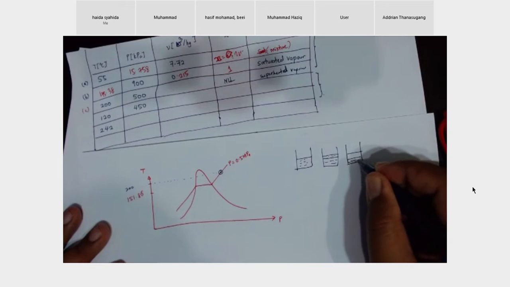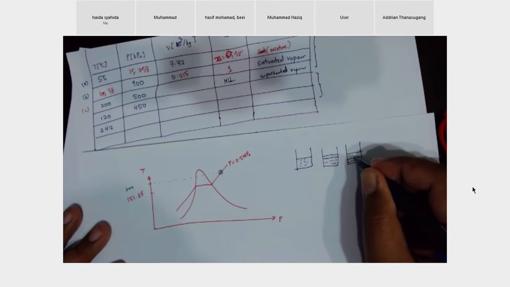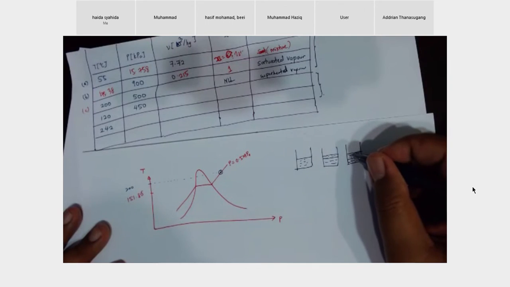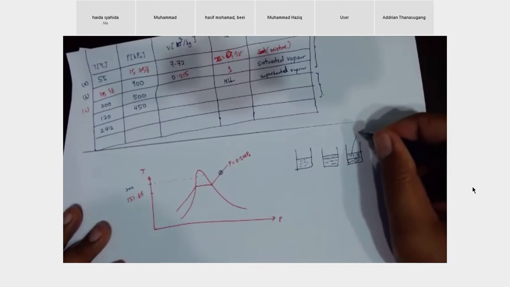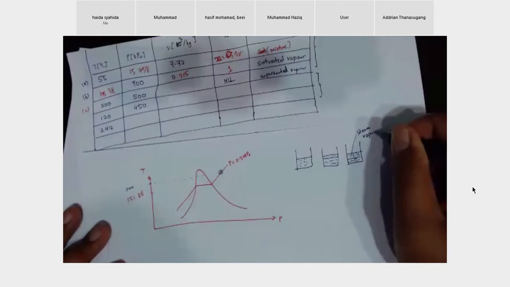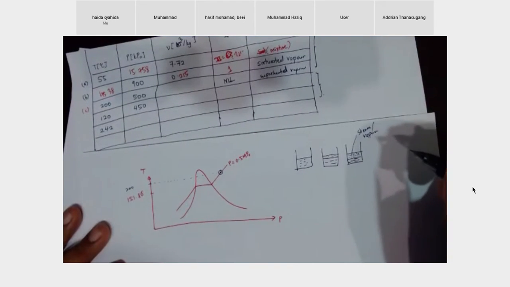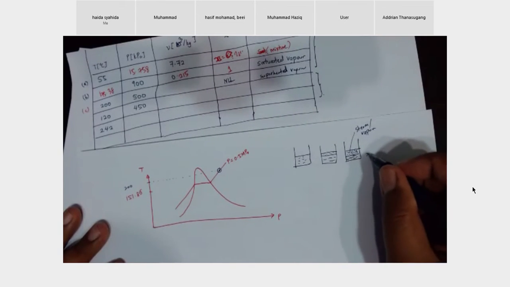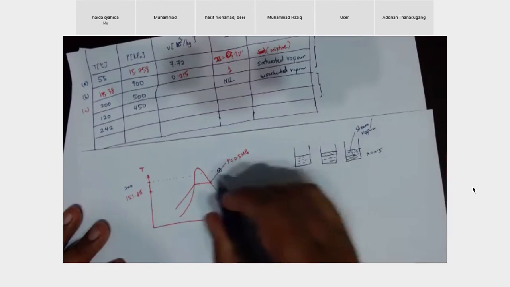Half of it is water, half of it is gas ataupun vapor, wap, kan, wap, steam ke, steam, vapor, they are the same thing. Okay, wap, they are same wap. Okay, faham tak? So that's why sini kalau macam ni mungkin X 0.5, macam soalan tadi kan, mungkin dekat tengah-tengah ni.